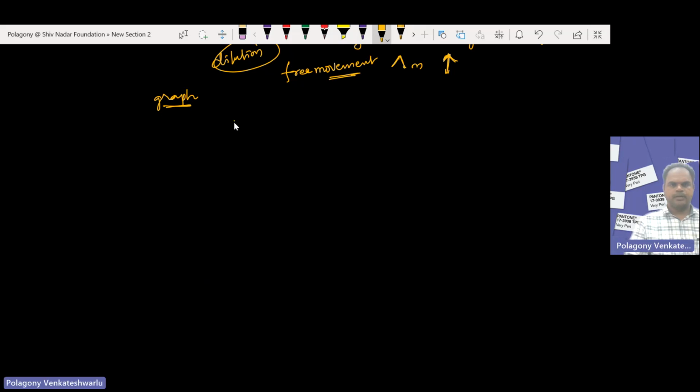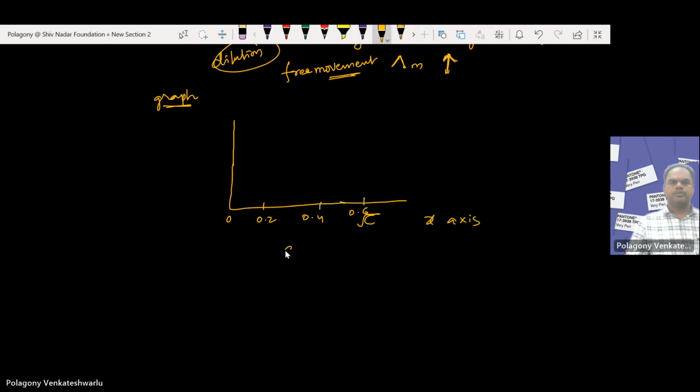I am taking the square root of the concentration of the electrolyte solution on the x-axis, with values 0, 0.2, 0.4, 0.6.